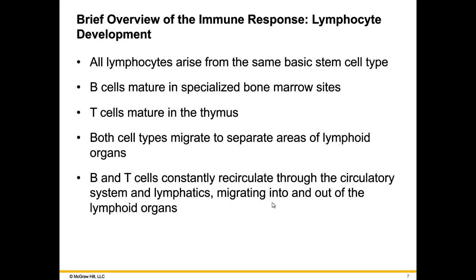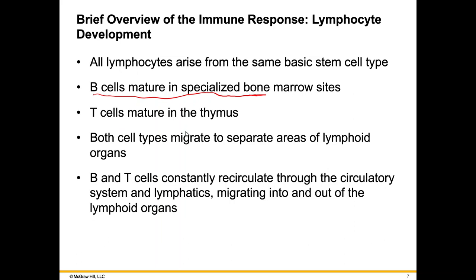Now, once these cells have proliferated and created B cells and T cells, or cells at least that are destined to become those cell types, they'll mature in different areas depending on what cell they will become. If an immature lymphocyte stays in the bone marrow, then it will become a B cell.